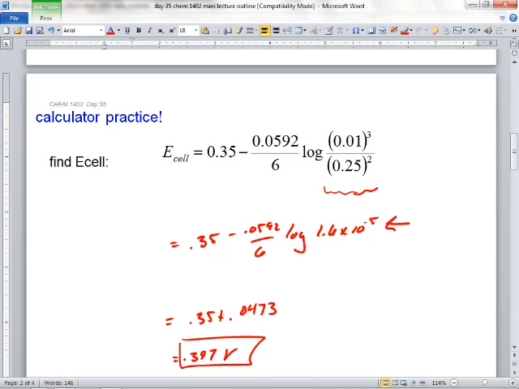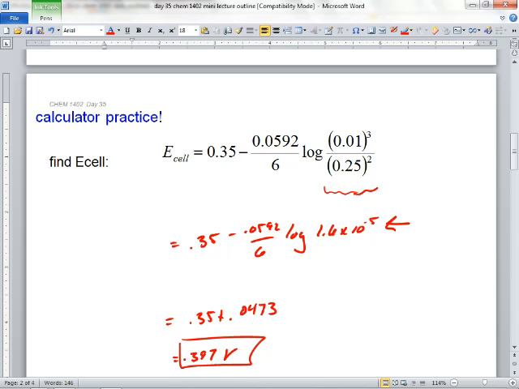Take 0.01 in the calculator. 0.01. You see the cubed? It has to be shift x cubed. Right? Did you get 1 times 10 to the negative 6? All right. Divide it by, hit the divide, then do 0.25 and hit x squared. See the x squared button on the top? And then you got to hit equals. All right.